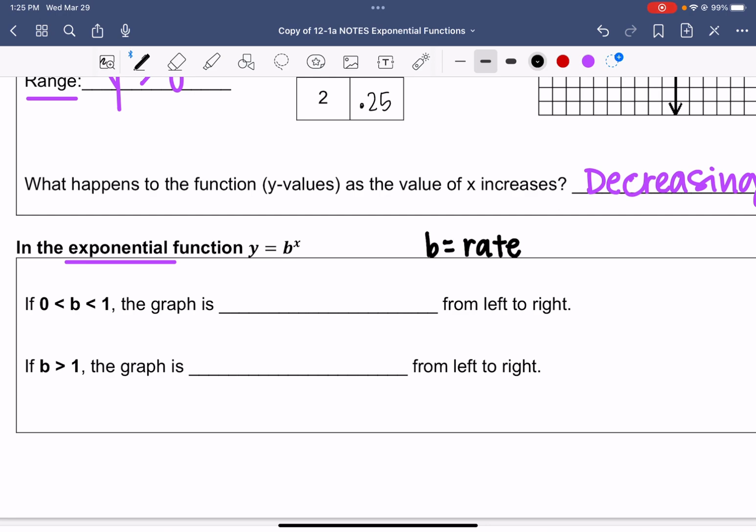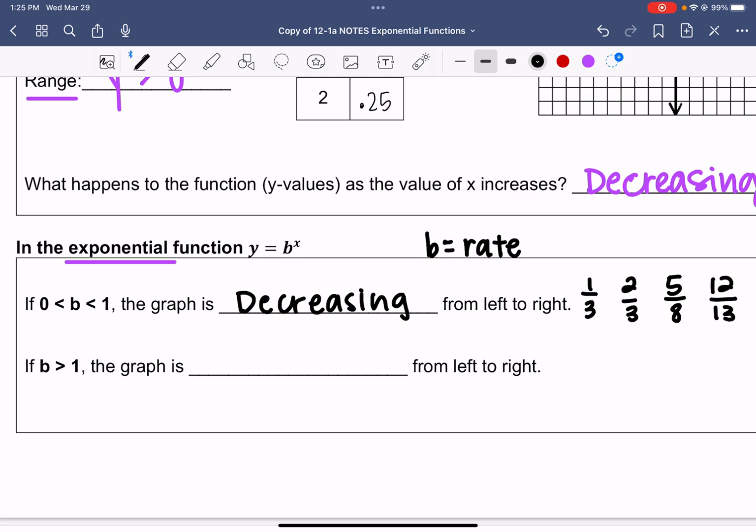If B is in between 0 and 1, so pretty much it's a fraction less than 1 but greater than 0, it is going to be decreasing from left to right. So this means like 1 over 3, 2 over 3, 5 over 8, 12 over 13. All of those fractions are less than 1, but greater than 0.